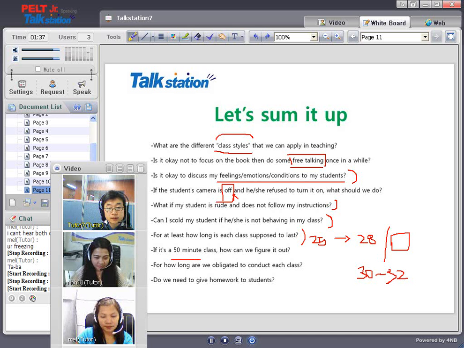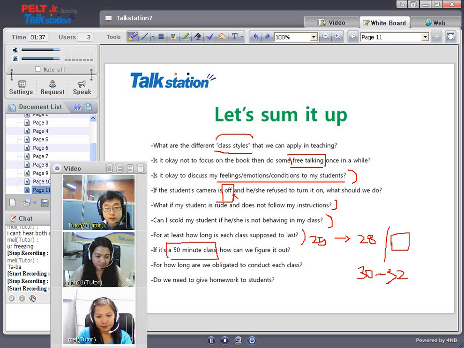And sometimes a 50-minute class could appear, right? We can see it when we check the schedule. If the same student name appears in the slot in a row, we can assume that this class is a 50-minute class, so we can conduct the class accordingly, right?